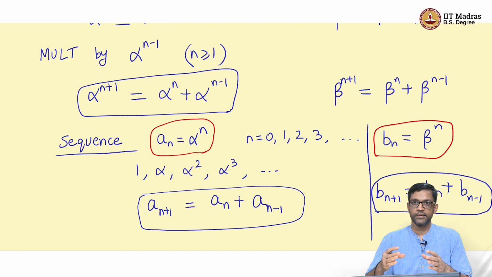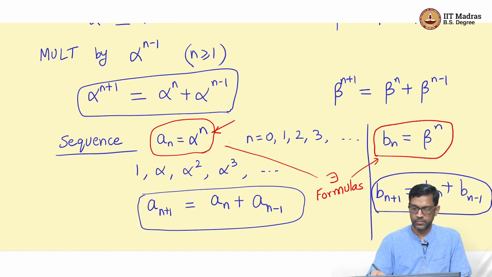You can just use it to calculate the nth term in one shot without following the recurrence term by term. I do not need to start with the 0th term and the first term, then compute the second using them, then compute the third from the previous two terms and so on. I can compute the nth term directly because I have a formula for it. So, these two sequences A and B have the special property that there exist formulas for the nth term, but they satisfy the same Fibonacci recurrence.